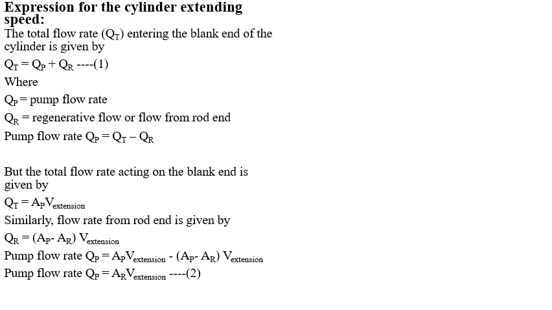Call it equation number 2. For the extending speed of the piston, equation 2 becomes V extension equal to Qp divided by Ar. Velocity during extension equals pump flow rate divided by area of rod. Call it equation number 3.